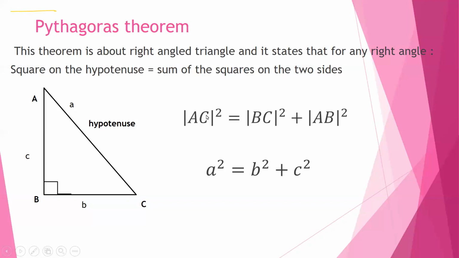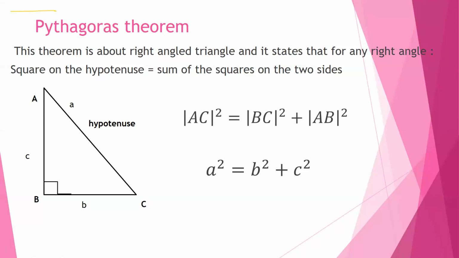So we are saying the line AC squared, which is the hypotenuse, is equal to line BC squared, which is here, plus line AB squared, which is also here. So that is what the theorem says. So assuming that line AC is A centimeters and line BC is B centimeters and line AB is C centimeters, then we can say that A squared is equal to B squared plus C squared. That is what the theorem says.